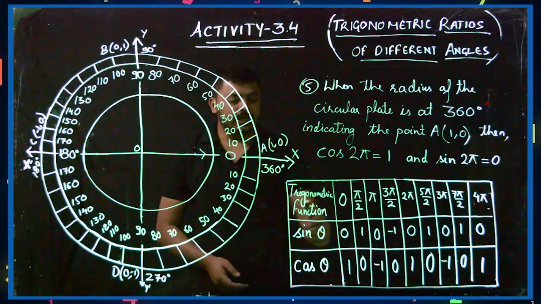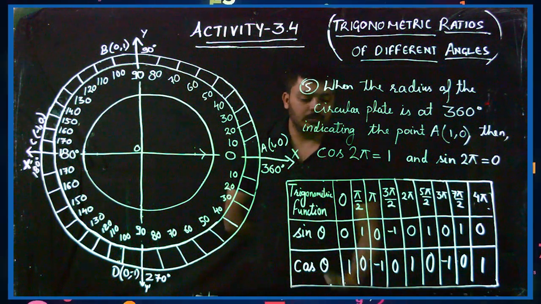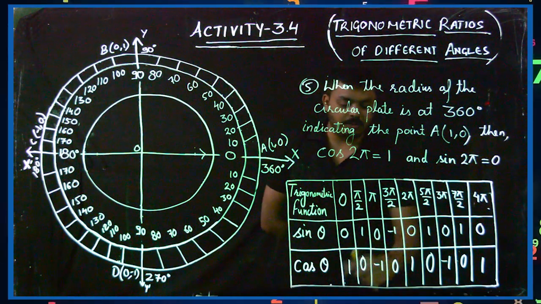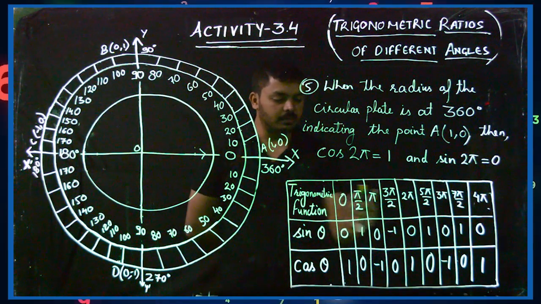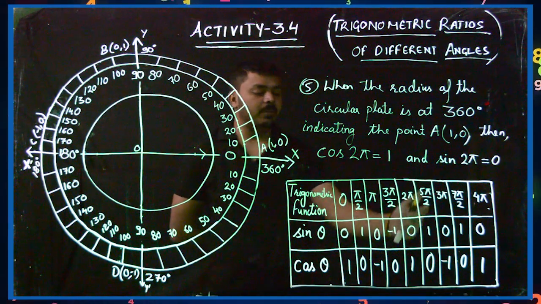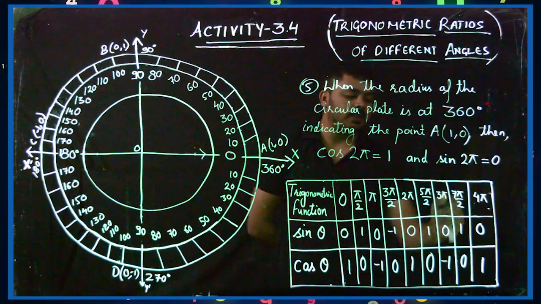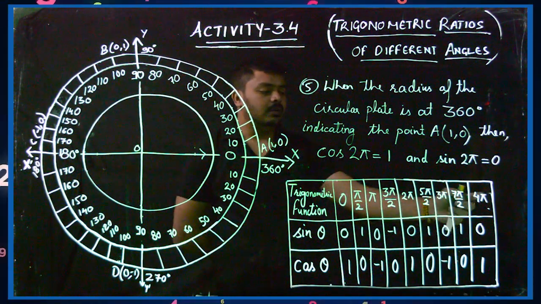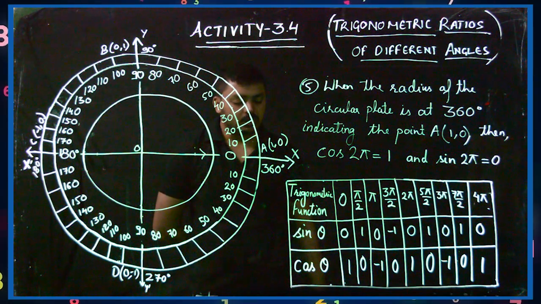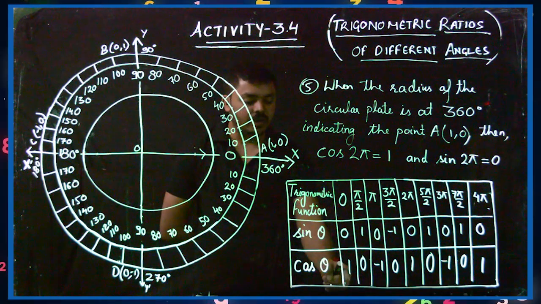So sin 0 is 0, sin pi by 2 is 1, sin pi is 0, sin 3 pi by 2 is -1, sin 2 pi is 0, sin 5 pi by 2 is 1, sin 3 pi is 0, sin 7 pi by 2 is -1 and sin 4 pi is 0.